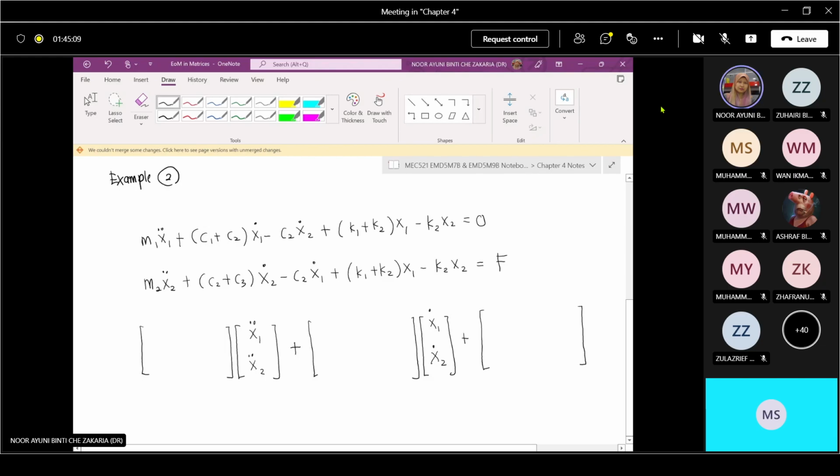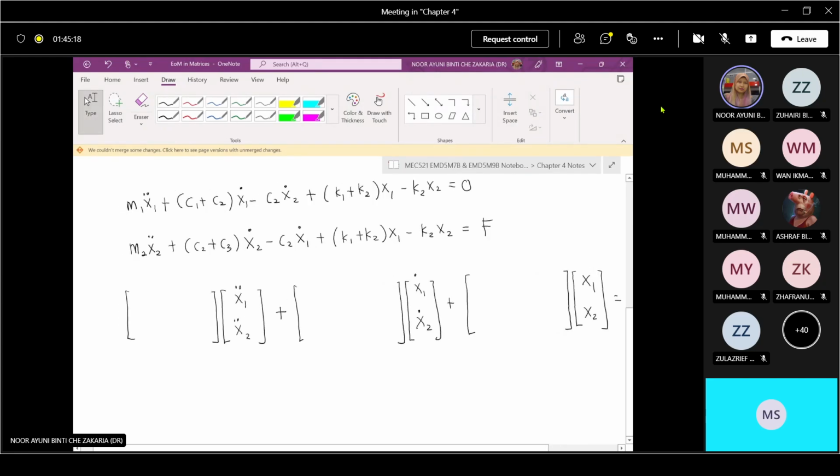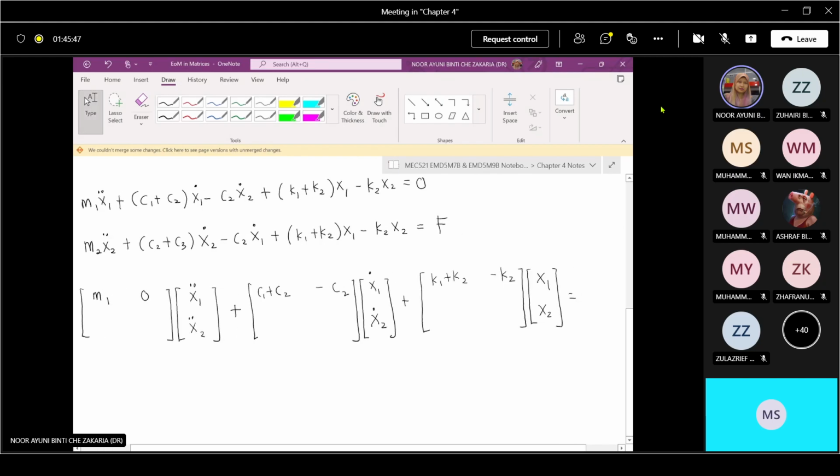And also on the displacement. Arranging it accordingly. So, just put it in. M1, this is 0. Then for X1, C1 plus C2. For X2, negative C2. For K, K1, K2, X2, negative K2. And then for the force matrix, this is 0.